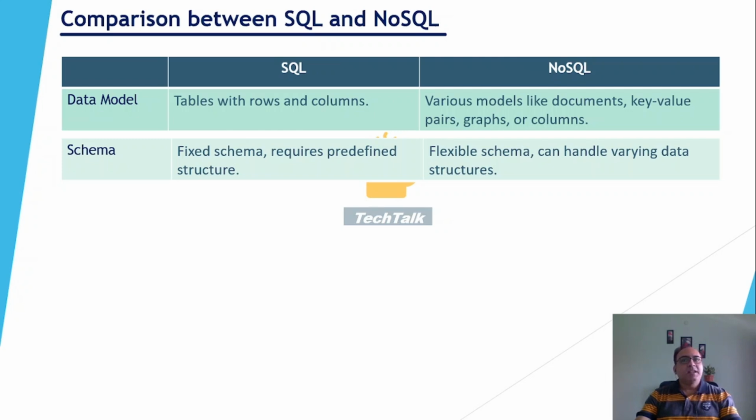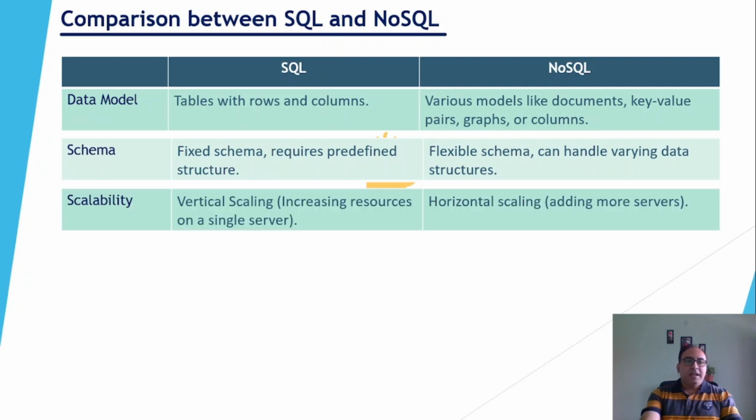So it's dynamic in nature. Then another differentiator is scalability. In SQL or structured databases, we have vertical scaling. In NoSQL databases, we have horizontal scaling.